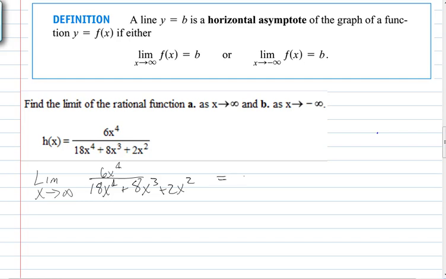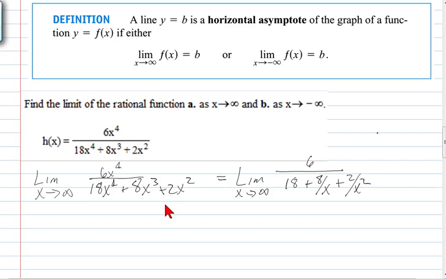This is going to be equivalent to the limit as x goes to infinity. In our head, can we go ahead and divide every term by x to the fourth? You know we're going to do that, so that's going to be 6 over 18 plus 8 over x plus 2 over x squared. Is everybody okay?